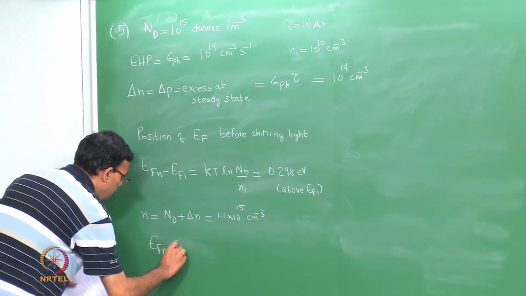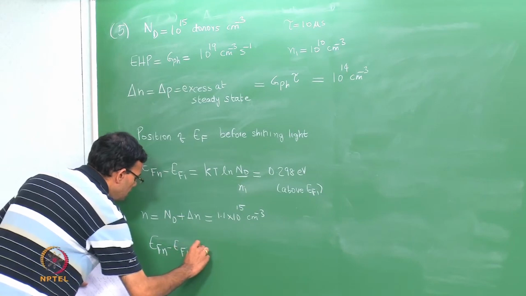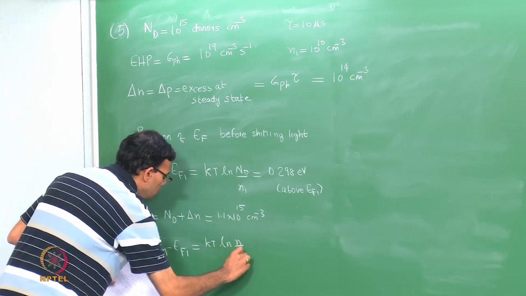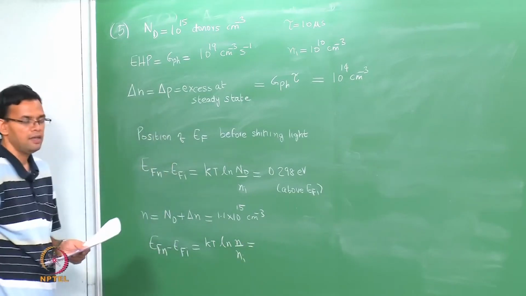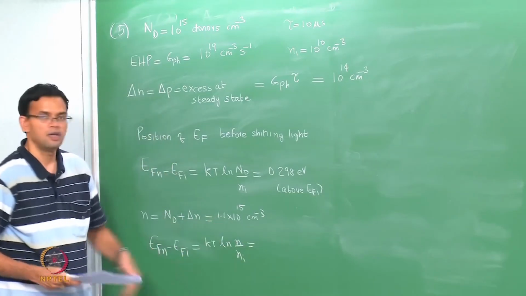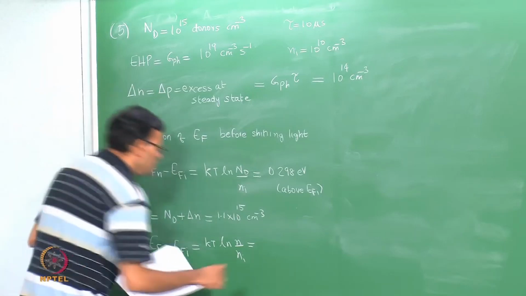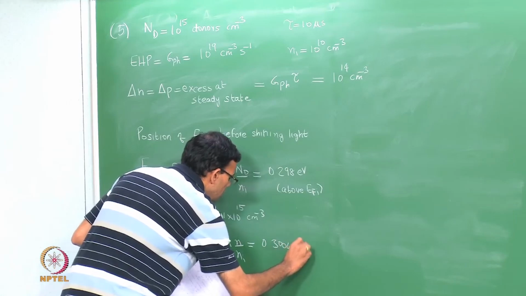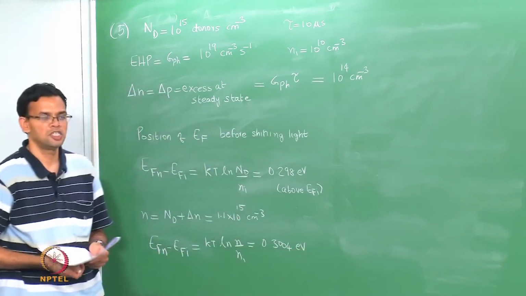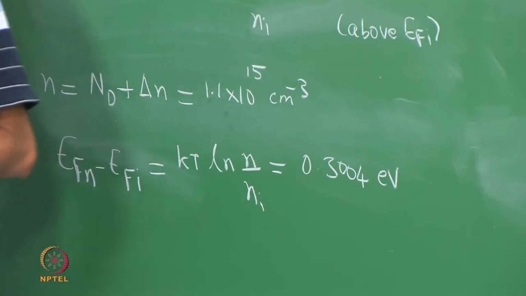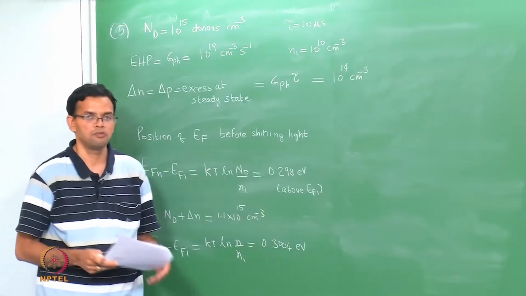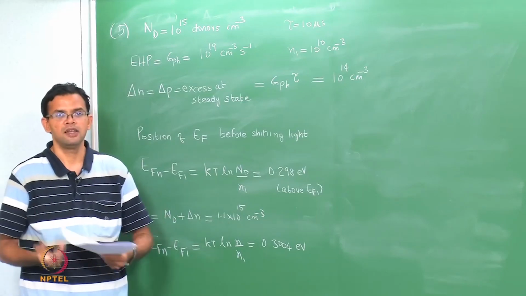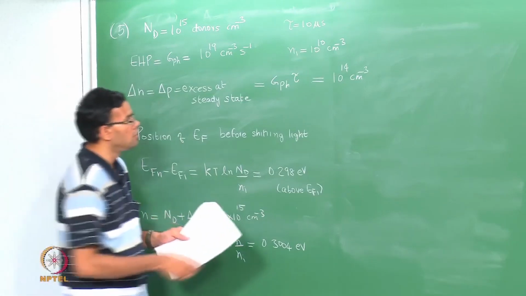So, the new EFn minus EFi is kT ln n over Ni, where the value of n is now 1.1 times 10 to the 15. So, this gives you 0.3004. The shift is very small because the increase is not that much, but there is still a small shift in the Fermi level. You can also do a similar calculation for the holes.